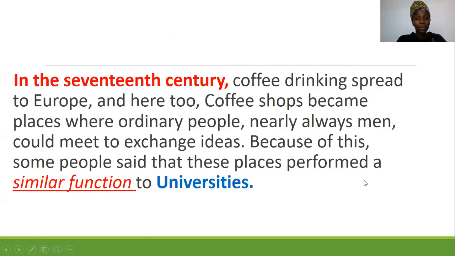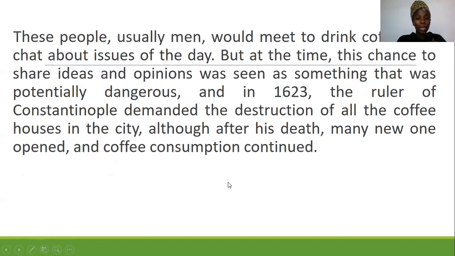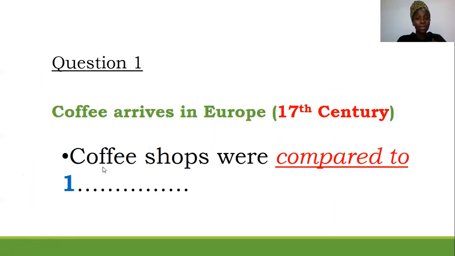So here you see, because of this, some people say that these places perform a similar function to universities. So the word there, which is your answer, will be universities. So your correct answer will be universities. Did you get that?